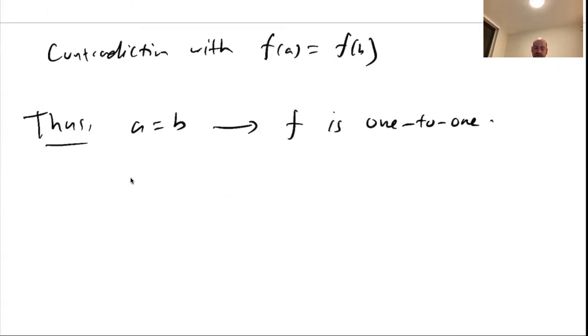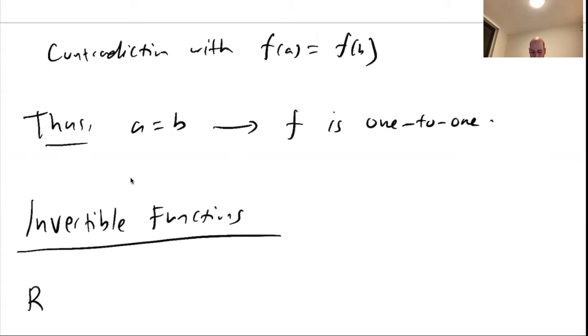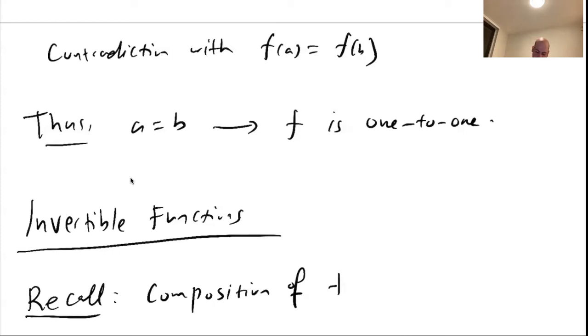Okay, so another topic related to one-to-one functions is invertible functions. Invertible or inverse of a function, and also invertible functions. So I have to give you a recall about composition of two functions.